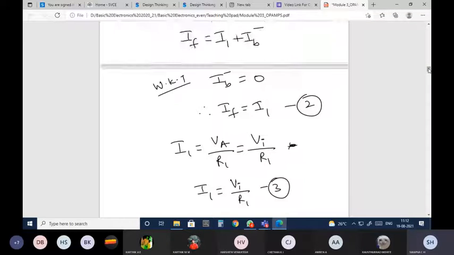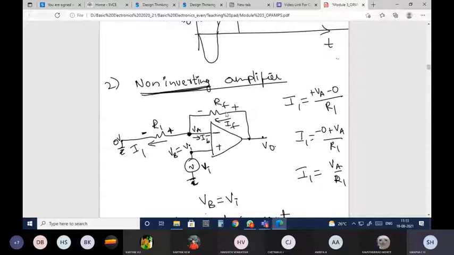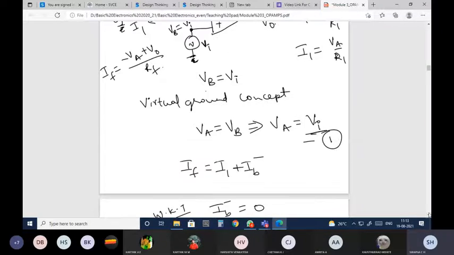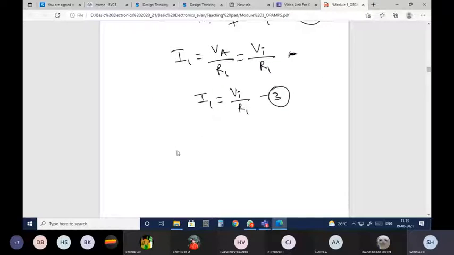Now come back to the circuit. IF also I want in terms of node voltages. So IF is equal to minus VA plus V0 divided by RF.